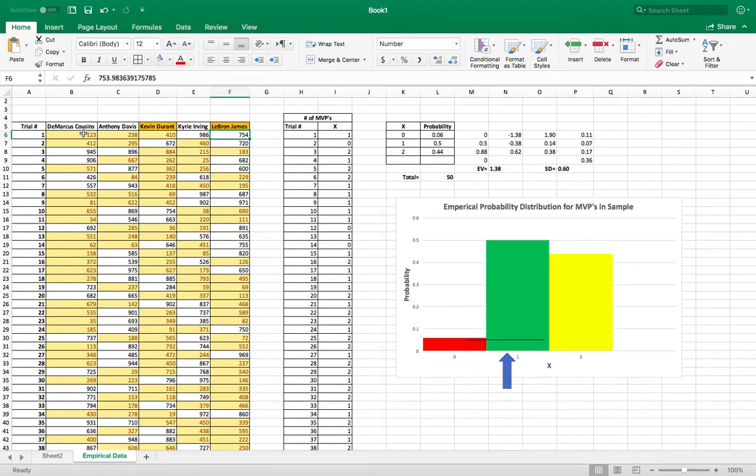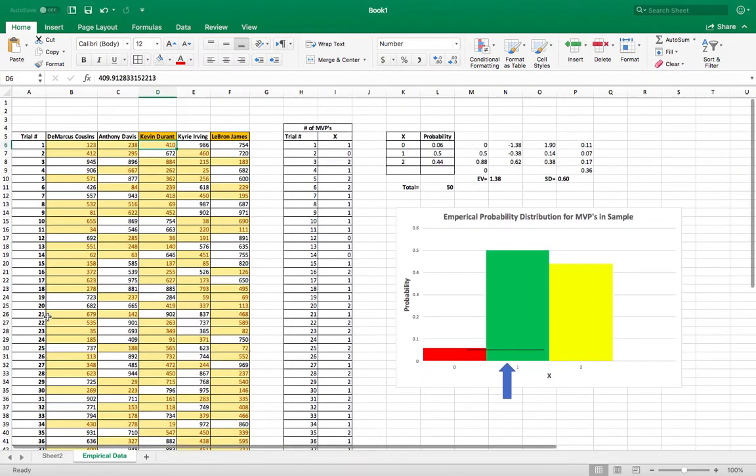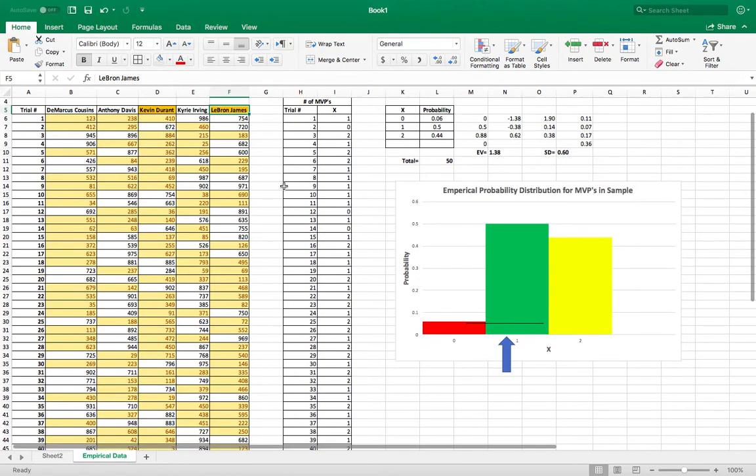I highlighted those yellow here, and all the way down, I did a total of 50 trials. I also highlighted Kevin Durant and LeBron James' names because they are the MVP winners that we are looking at.